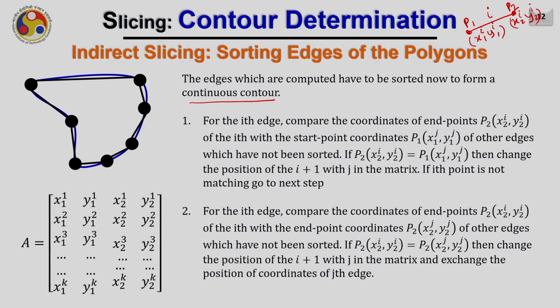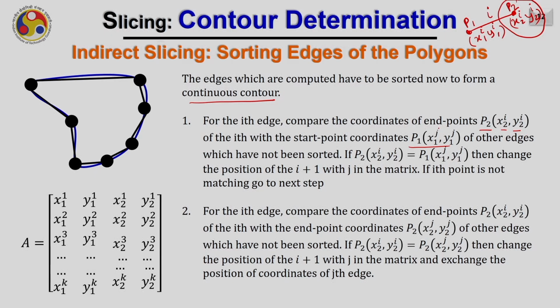Now, let us discuss how we can sort these edges appropriately. For the ith edge, compare the coordinates of the end point, that is P2, x2i comma y2i, with the start point of other edges that have not been sorted yet.